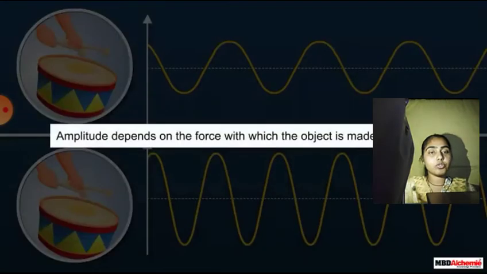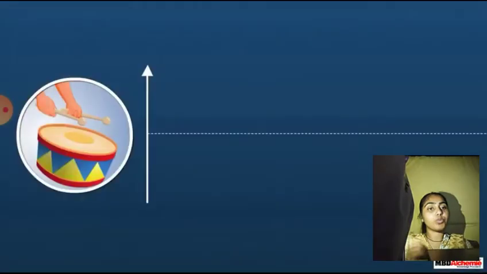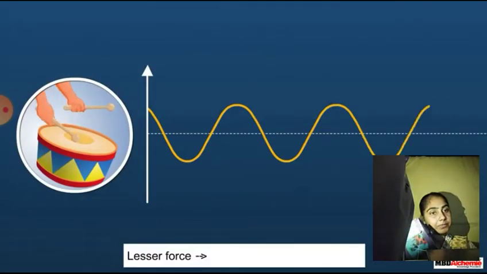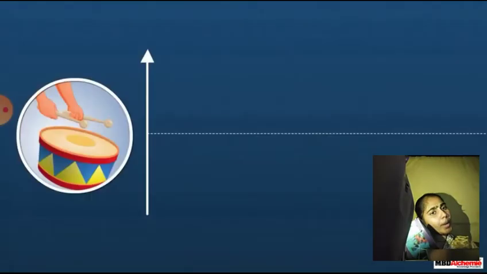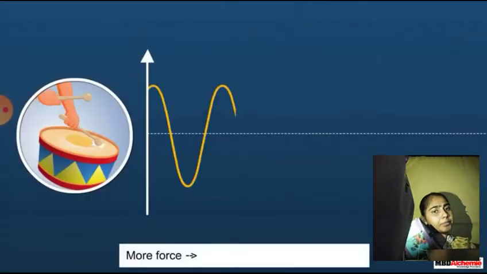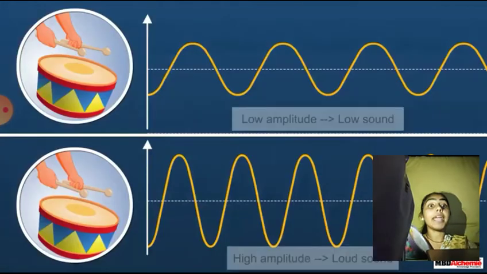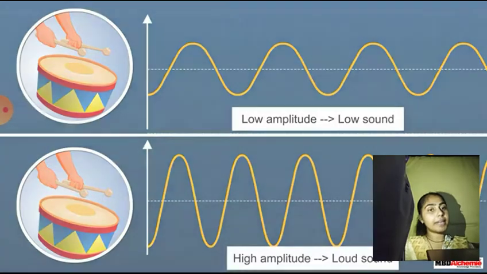Amplitude depends upon the force with which we beat the object. With less force, there will be a soft sound and low amplitude. With more force, there will be a loud sound and high amplitude. So low amplitude means low sound, high amplitude means high sound. It depends upon force.